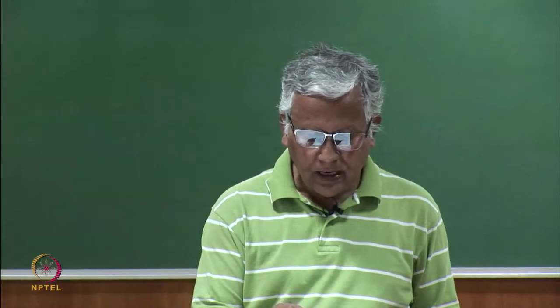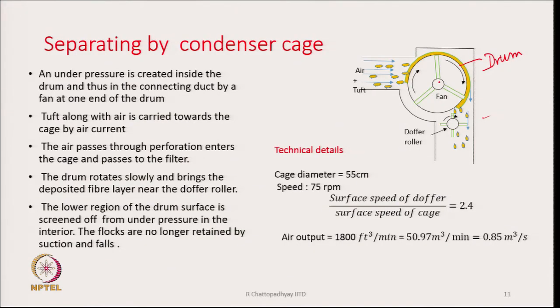So, the tuft along with the air is carried towards the cage. This mixture of air and tuft is coming and falling on the surface of this drum.